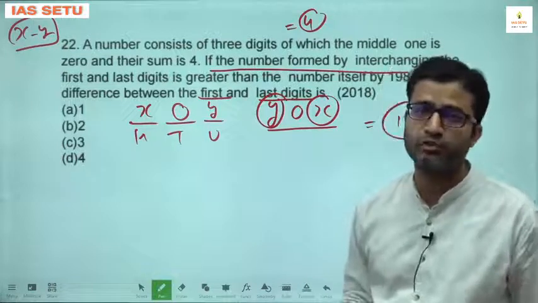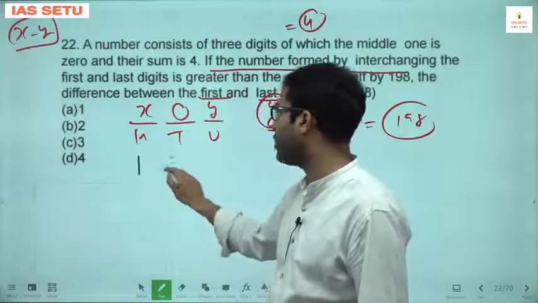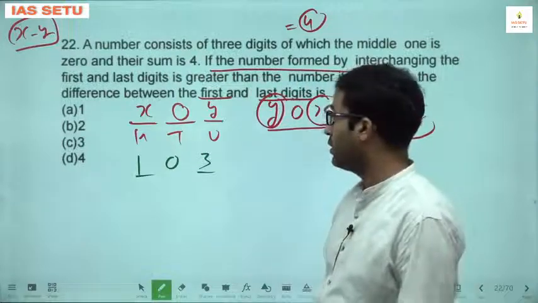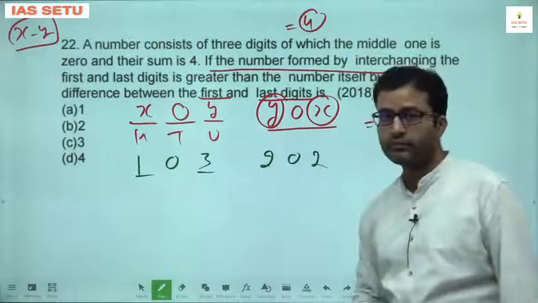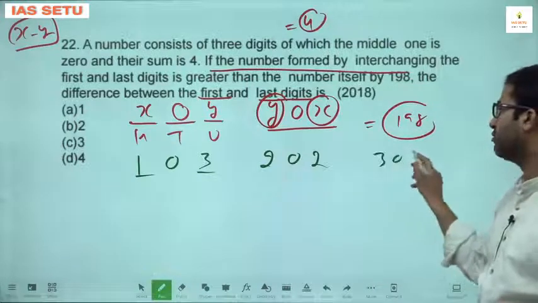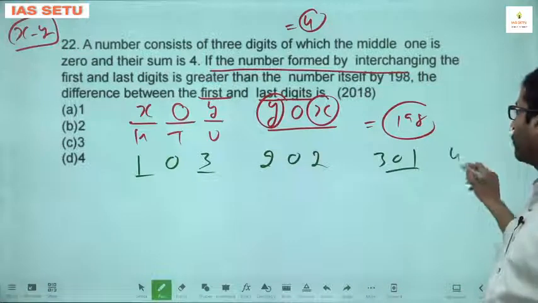You cannot put x as 2.5. See here, what are the possible numbers we have? It is 103. If it is 1, it has to be 3. The next number can be 202, because the middle has to be 0. Then 301, and 103, 301 are the same. One more, 400.